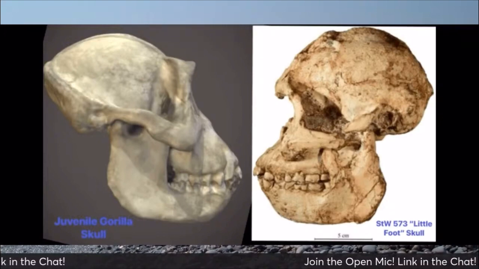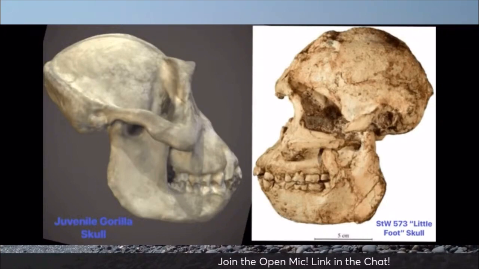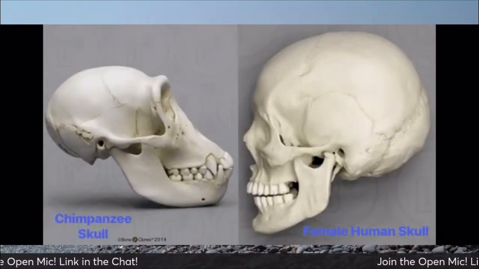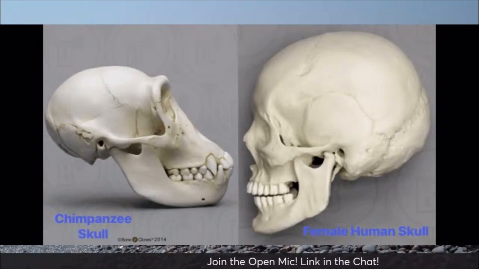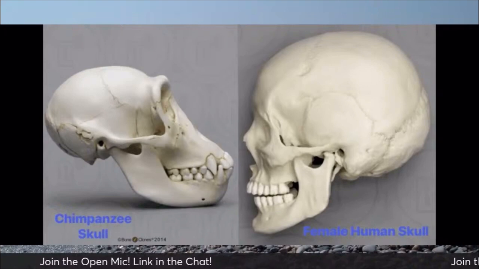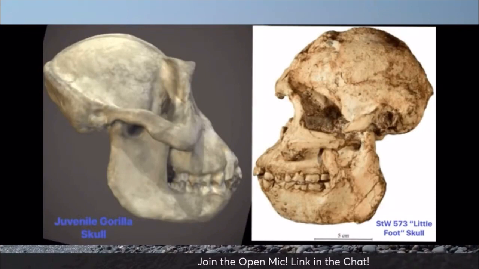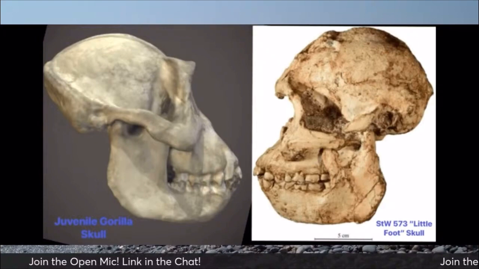So basically my point is, as we saw on the chart before, humans are supposed to be more closely related to chimpanzees. So here's your chimpanzee skull. We're supposed to be related to them. Now, why would the missing link be closer to a gorilla than it would be to a chimpanzee, if we are closely related to chimpanzees?